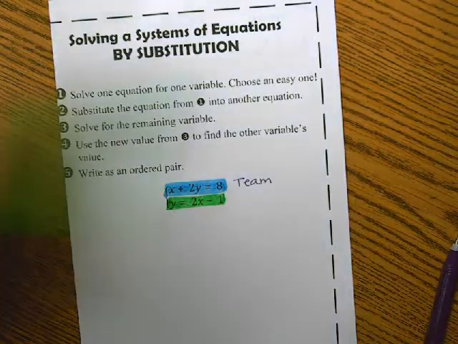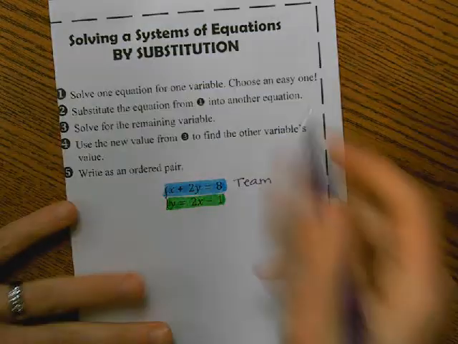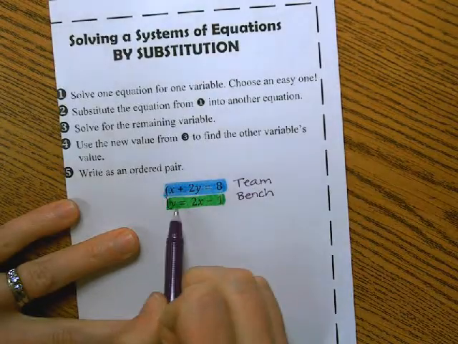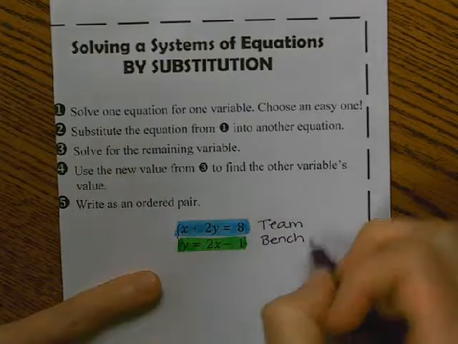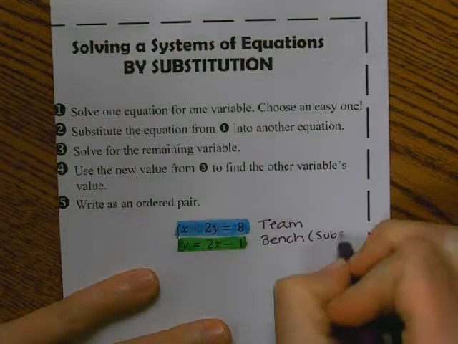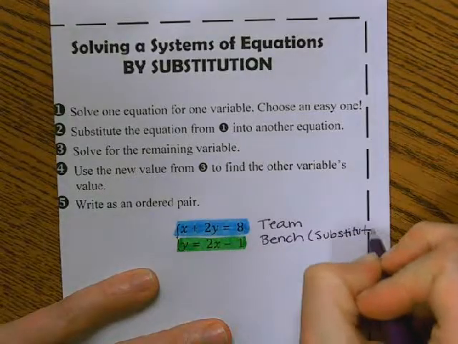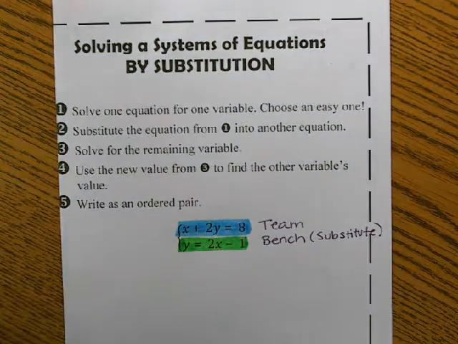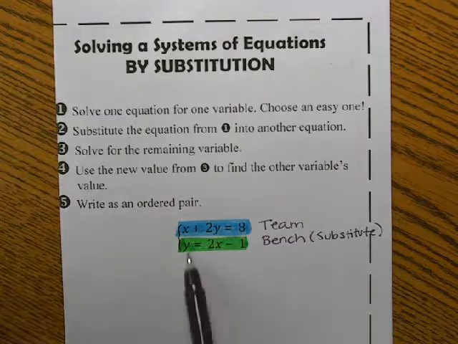These are the ones on my bench because x and y are on opposite sides. It's saying y is worth this number. These are my substitutes. So team is the blue one and bench is the green one.